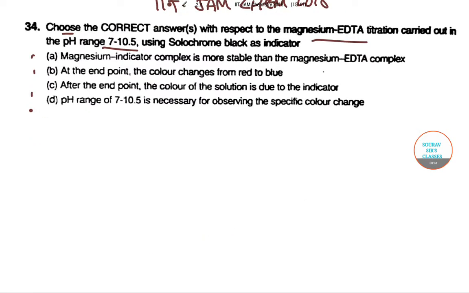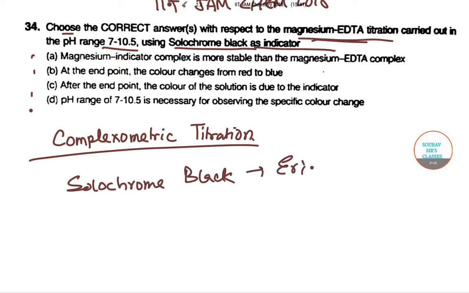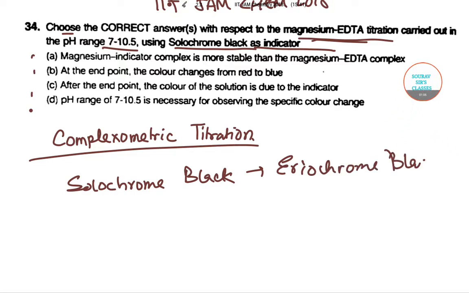Basically we have magnesium EDTA titration, so this is a complexometric titration, and Solochrome Black is well known as the Eriochrome Black T indicator, or the EBT indicator.